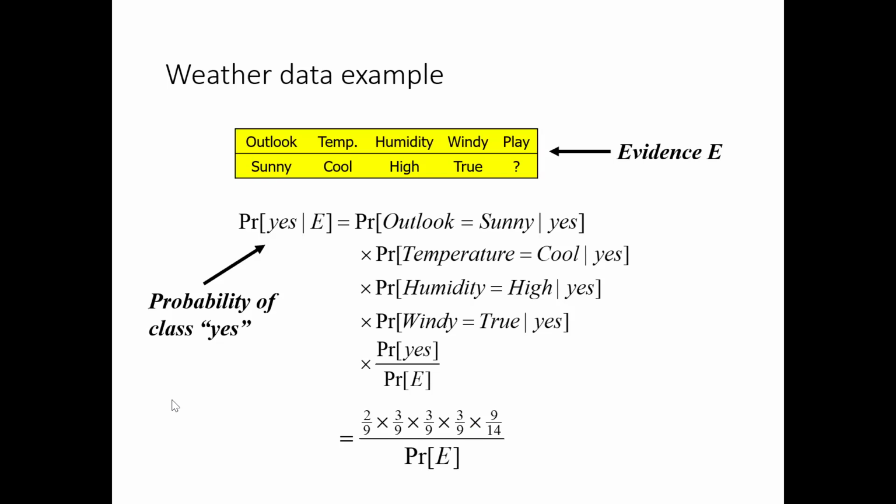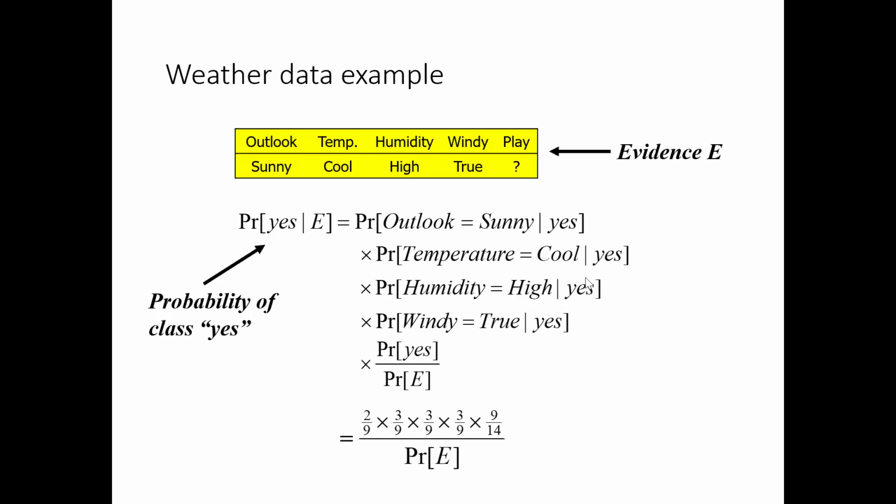If you look at our weather data set from our previous one, now let's say we want to calculate the probability of being classified as yes given the evidence, that means our data point. What we need to do is break it into prior probabilities, which means for the given class value yes, the probability of outlook being sunny, and this is what we have calculated.